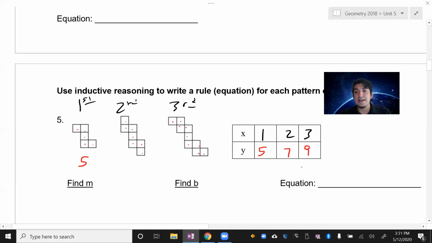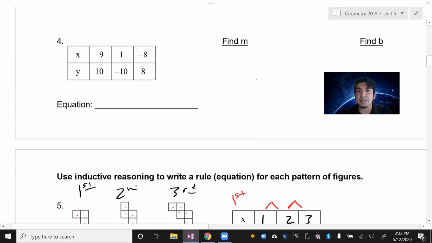I have 9. Now, some of you may have already seen a pattern, but you have to be able to identify the first difference on each one. If you remember, the first difference was between each term. Whether it's the x or the y, when you subtract them, you'll see what you would have, kind of how we just did over here.